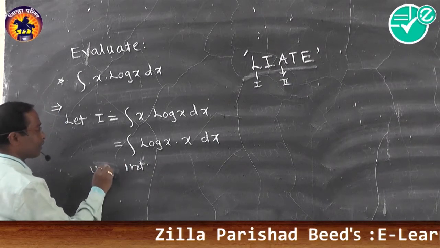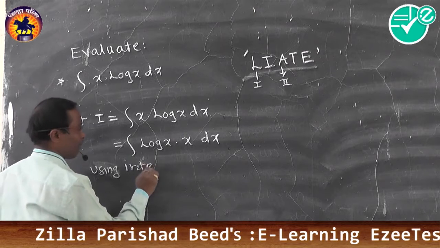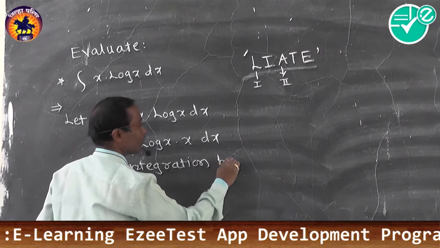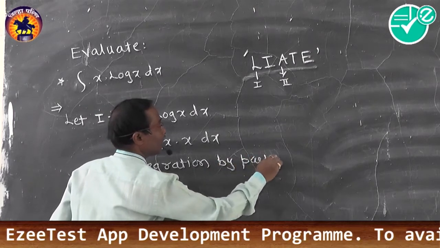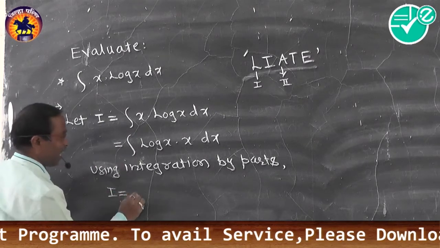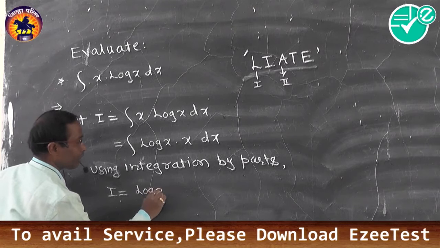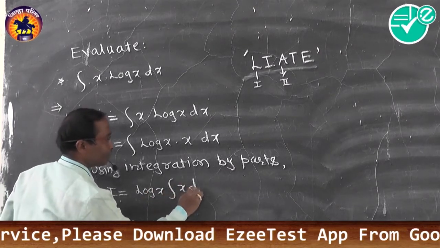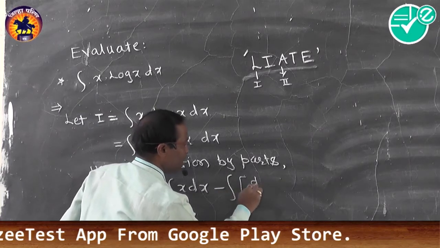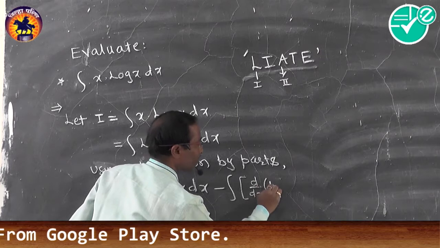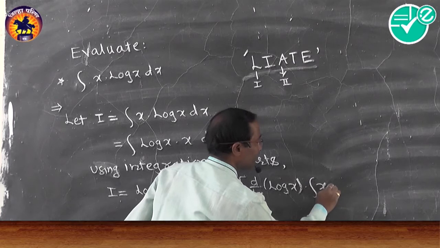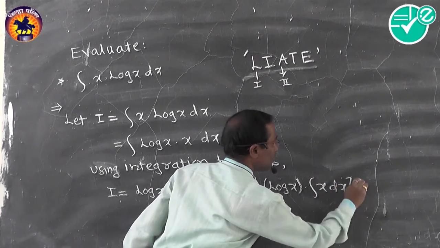Using integration by parts, I is equal to first as it is, integral of second, minus integral of derivative of first into integral of second with respect to x.